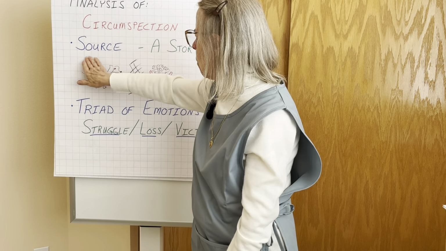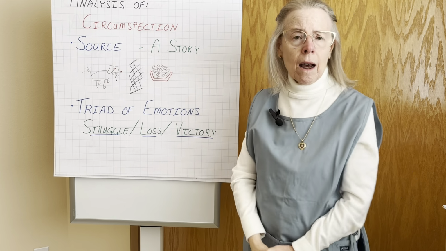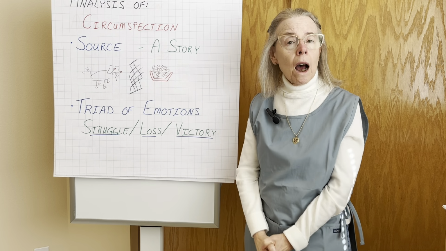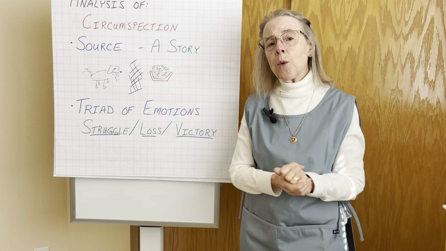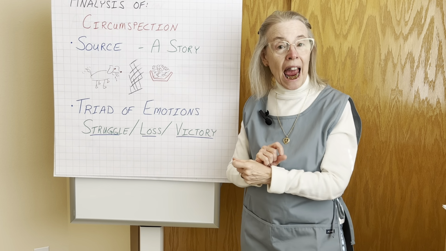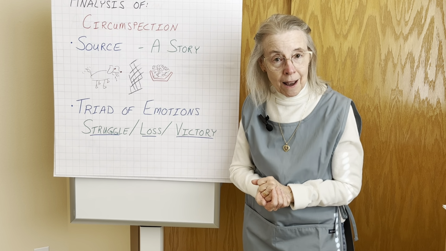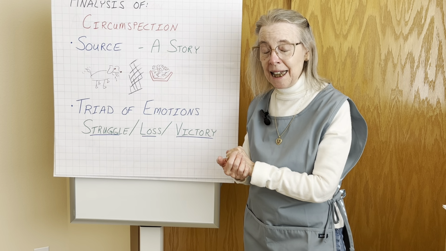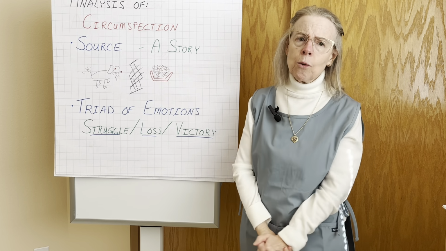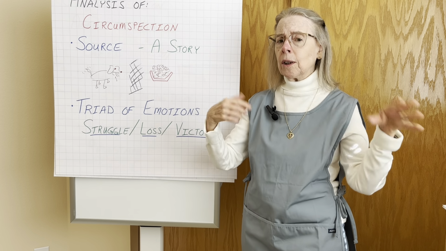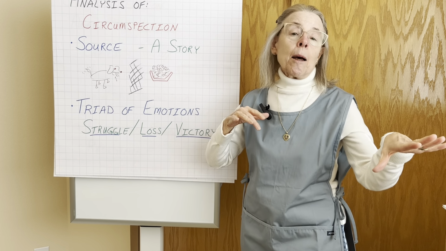So first of all, what is the source of the ball of emotions associated with circumspection? And it's kind of a strange one, but research has shown to us what the ball of emotions is. And it's actually a research experiment that can be told in the form of a setup.